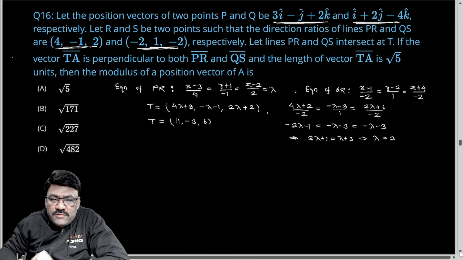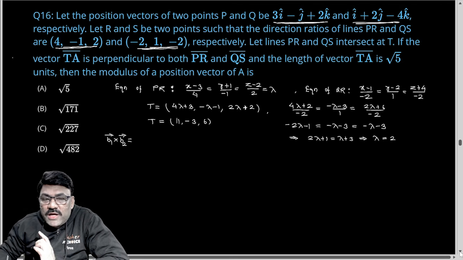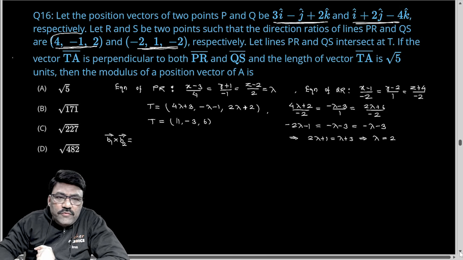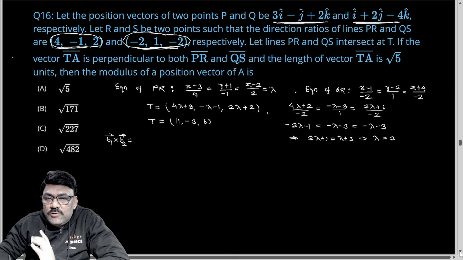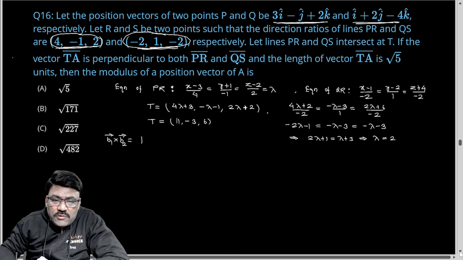Let me call this direction vector B1. B1 is the direction vector of the line PR, 4, minus 1, 2. And B2 is minus 2, 1, minus 2. Since TA is perpendicular to both these lines, the direction of TA will be B1 cross B2. So just take the cross product of these two.